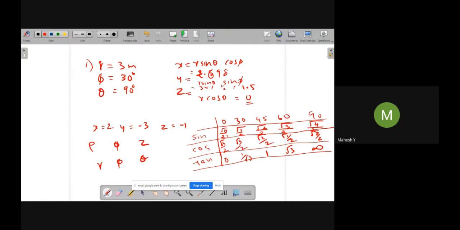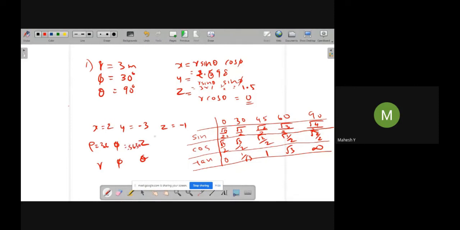Okay, completed. 3.6, minus 56.31, minus 1, is the same value you got. So what is rho? 3.6. Phi is minus 56.3.